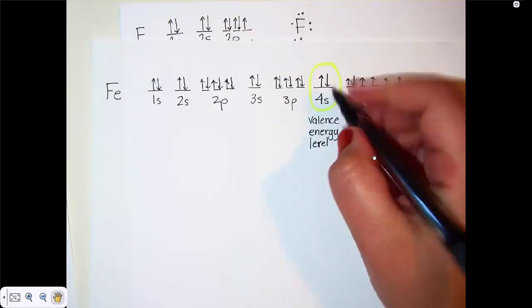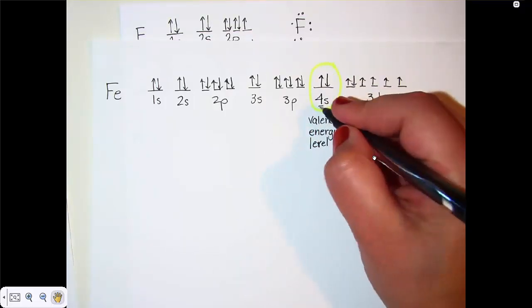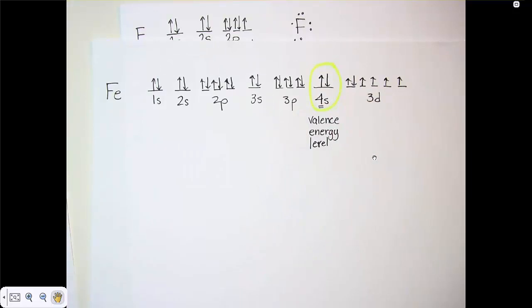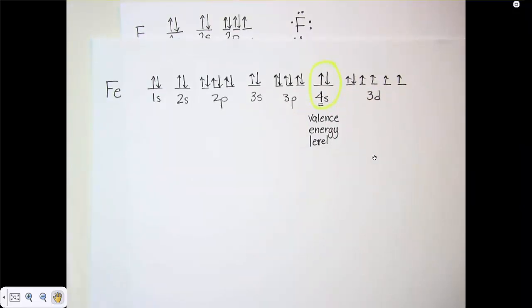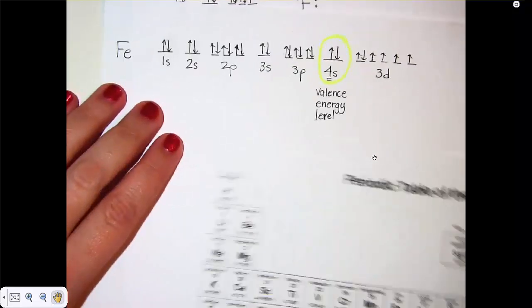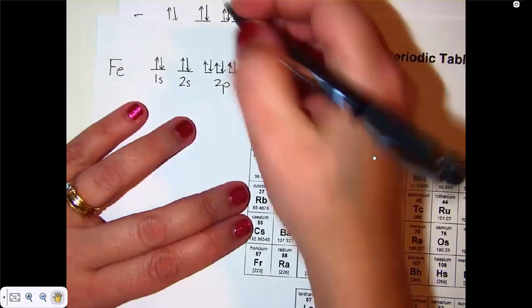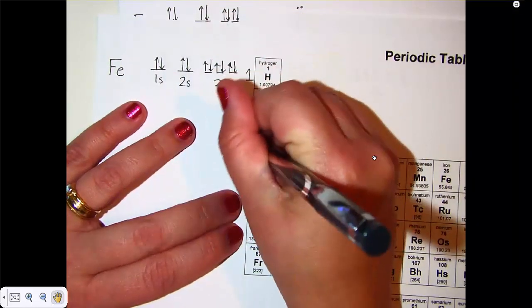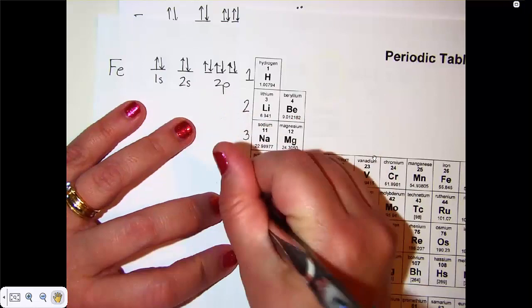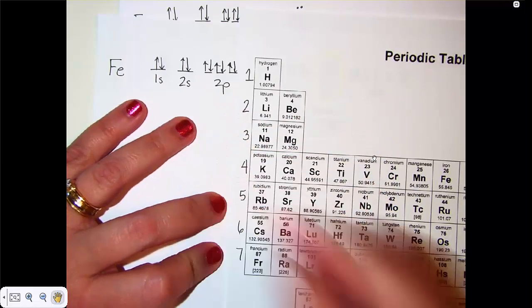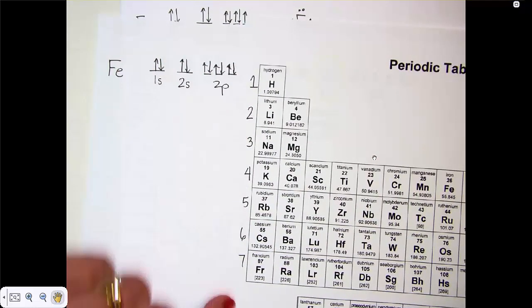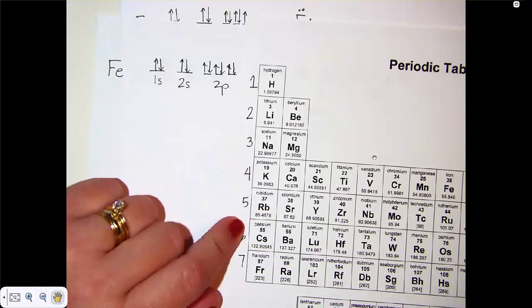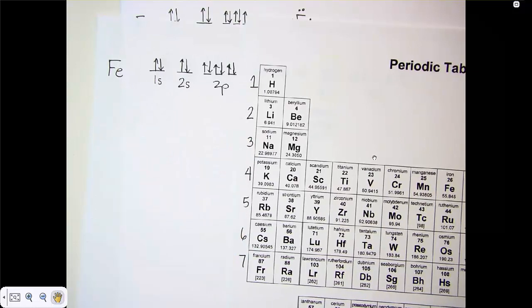And I know that's the valence energy level because that has the highest energy level. So the 1, 2, 3, 4s that are there are corresponding to the period numbers 1, 2, 3, 4, 5, 6, 7. So that's what those numbers are standing for, the energy levels that the electrons are going in.